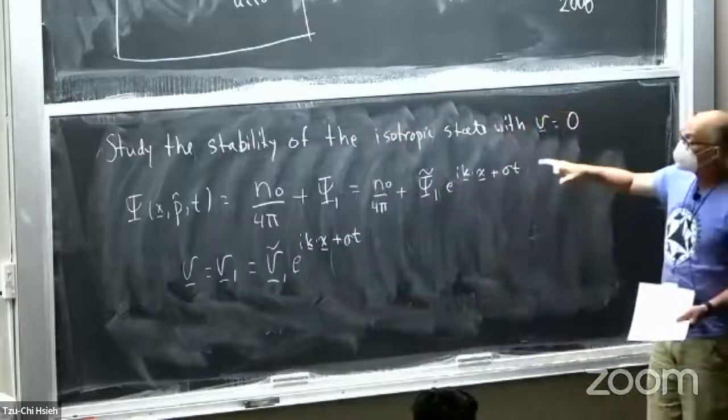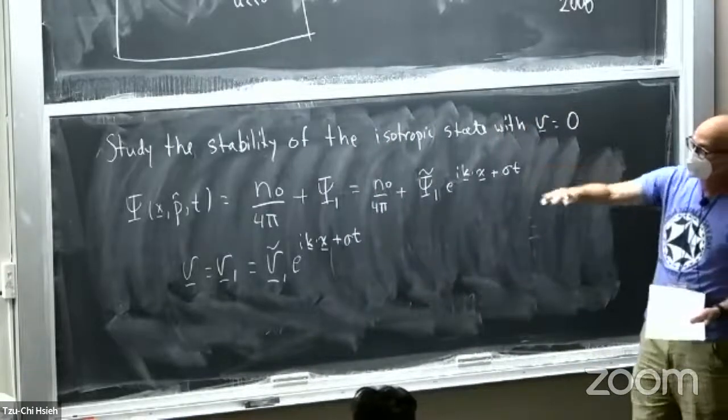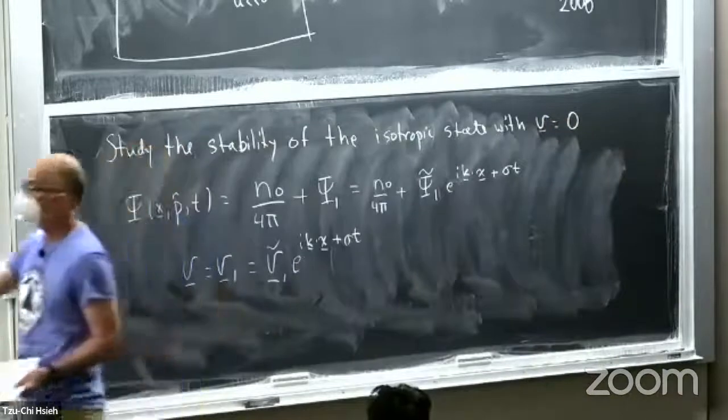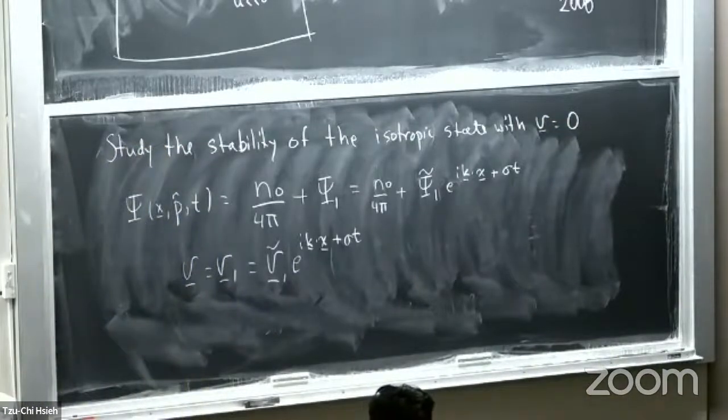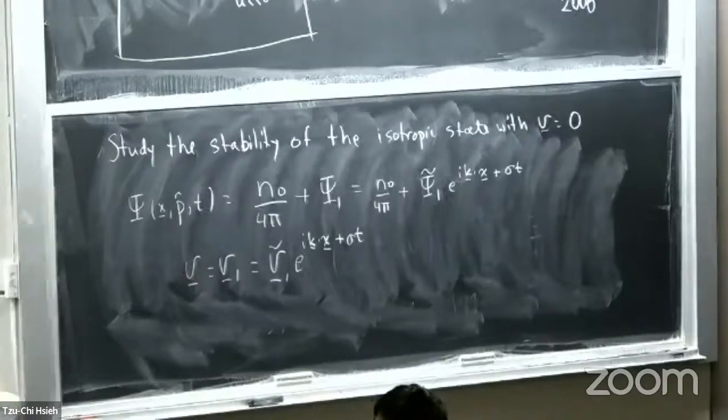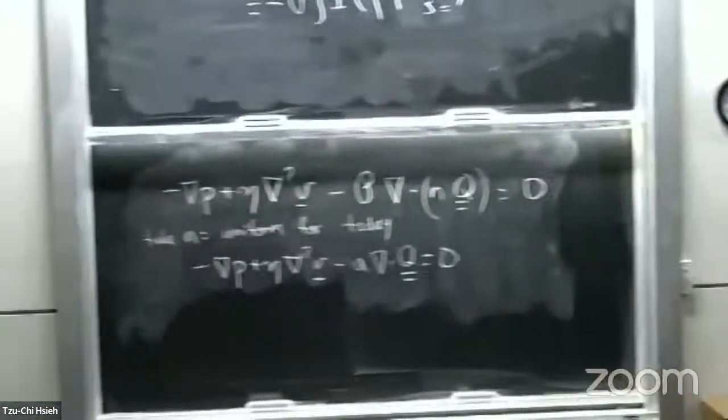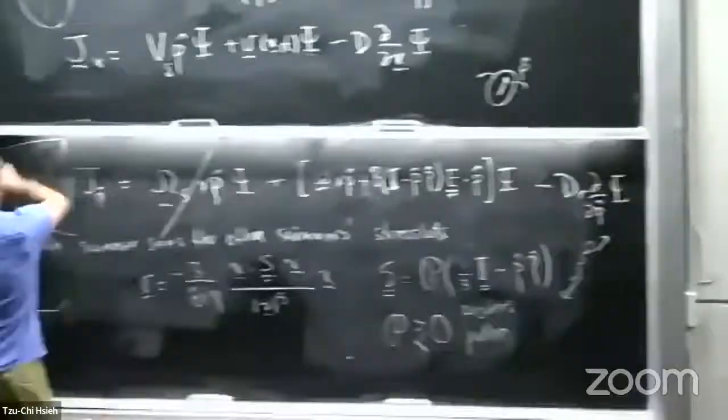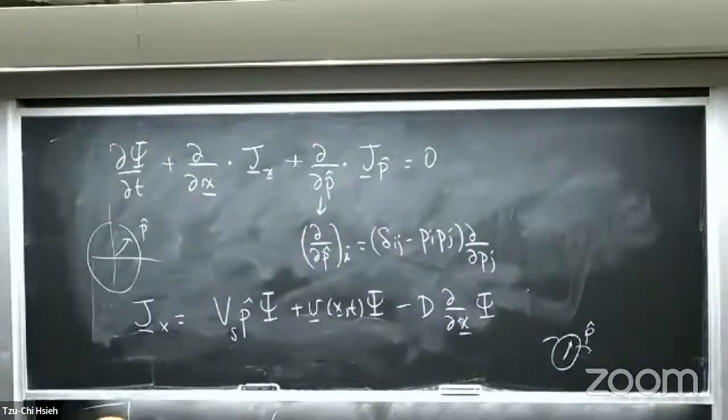Okay, so now we just have to linearize the force balance equation, and we have to linearize that equation up top. So maybe I'll leave that there. I'll leave that bit there.